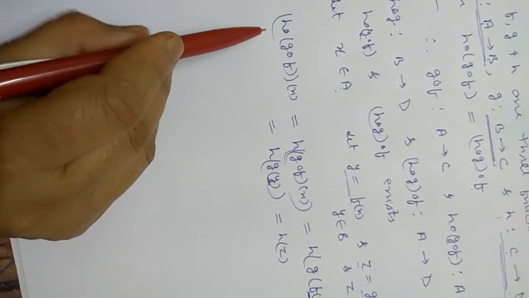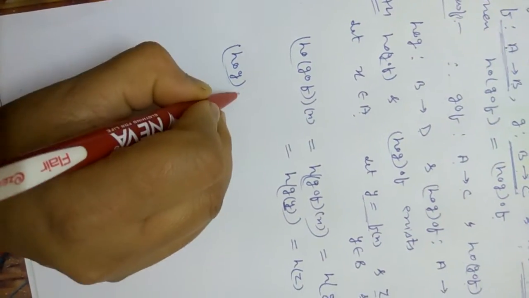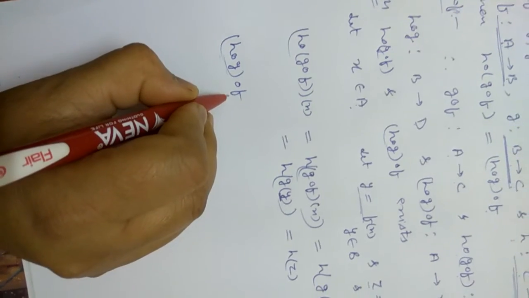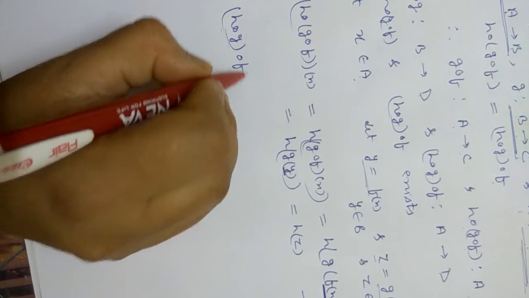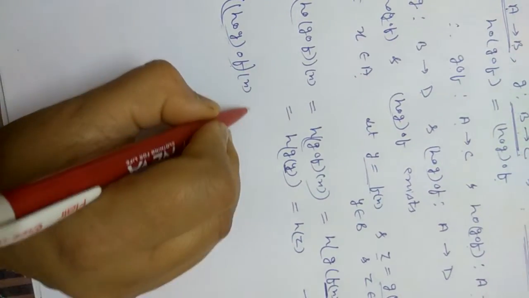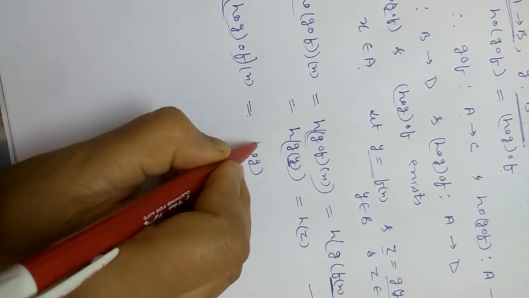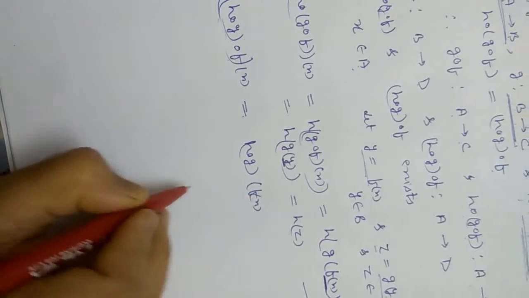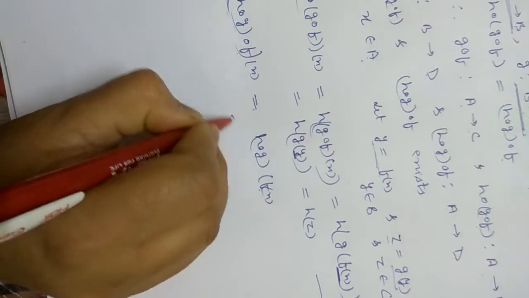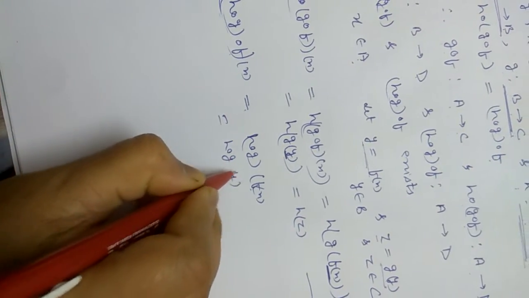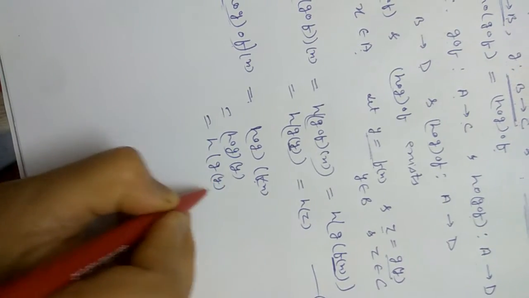And now we have to consider (h∘g)∘f(x), that is equal to (h∘g)(f(x)). What is f(x)? f(x) is y. Substitute the value: h(g(y)).